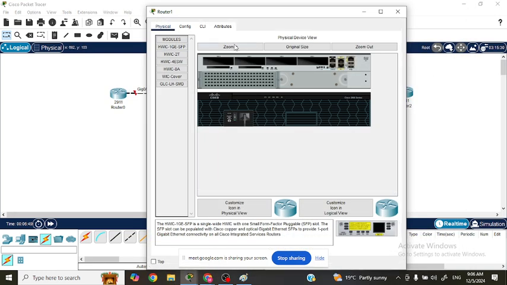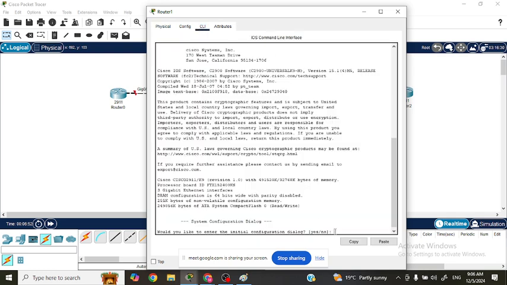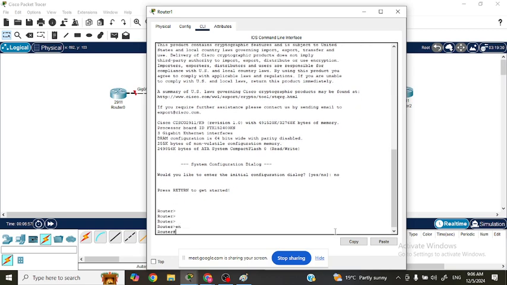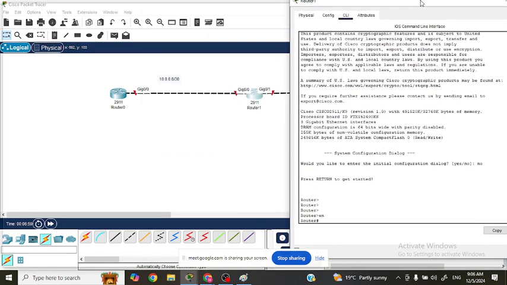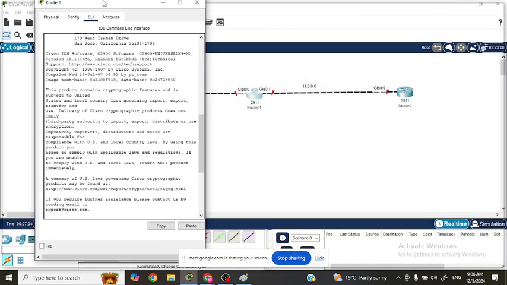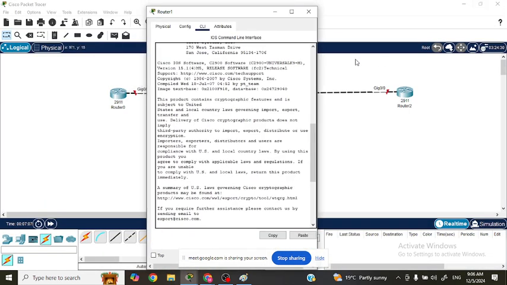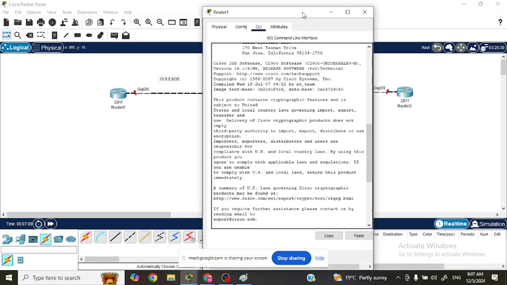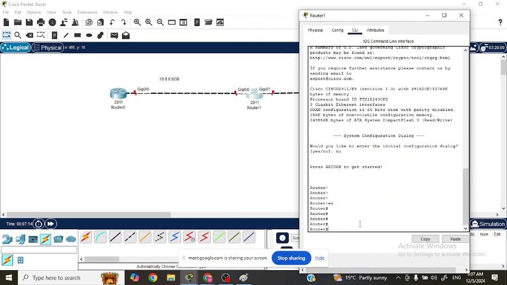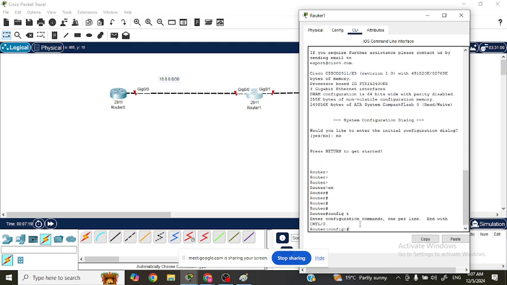Coming on this router, I am going to configure EIGRP. First of all, we need to configure the interfaces. Config T. What will be the IP address of gig 0/0, Venkat?